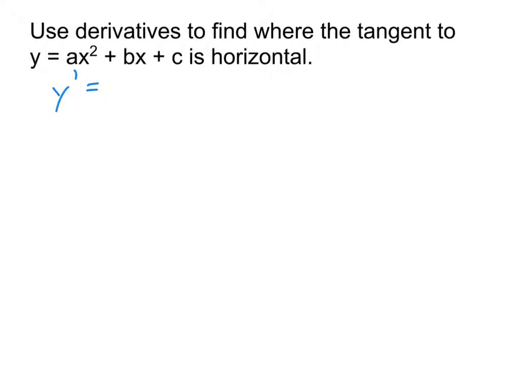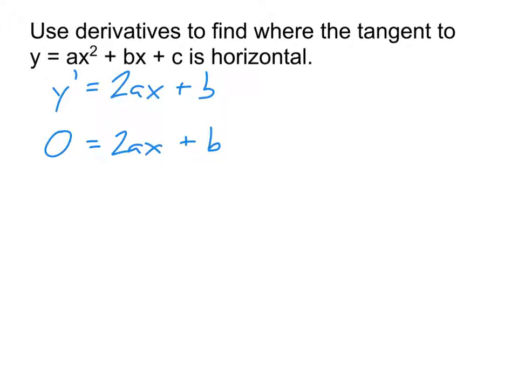And so our derivative equation ends up being 2ax plus b. And then remember, we're looking to see where the tangent is horizontal, so it's going to be 0 equals 2ax plus b. And then you need to be solving that now for x. And yes, your equation will have lots of letters and numbers in it.